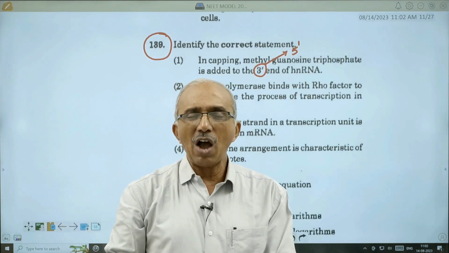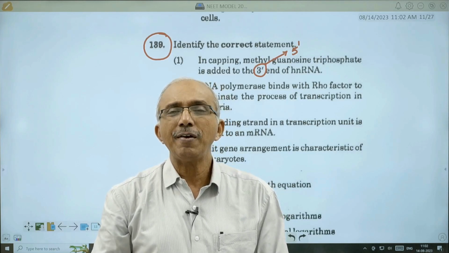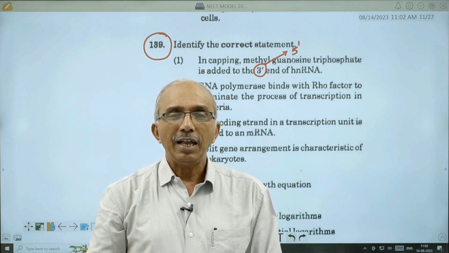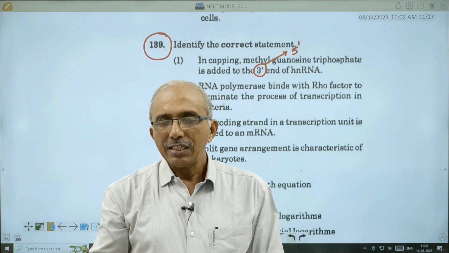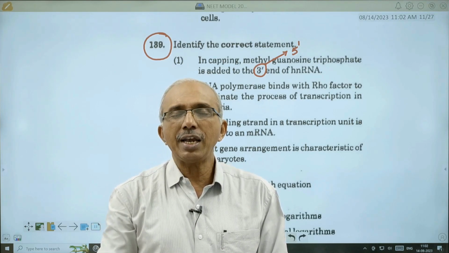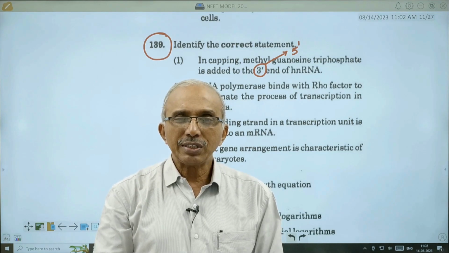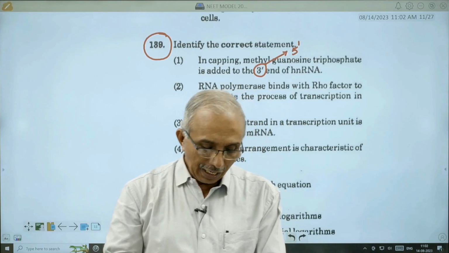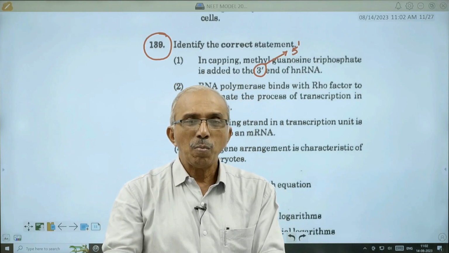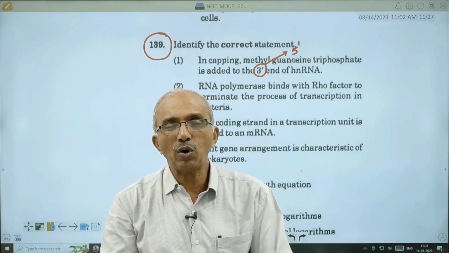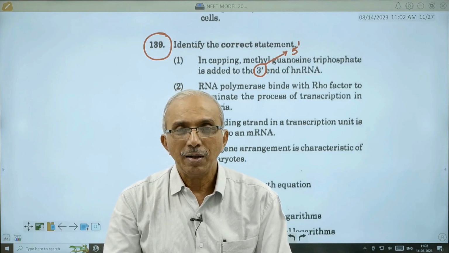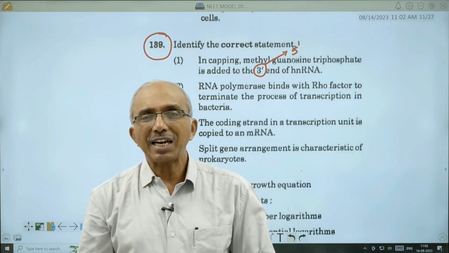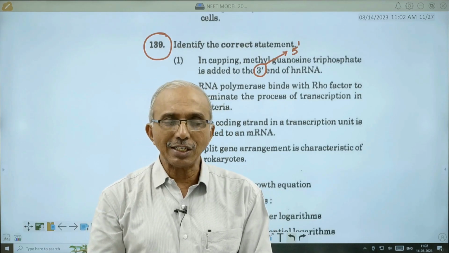After transcription in eukaryotes, the hnRNA undergoes processing known as post-transcriptional changes.